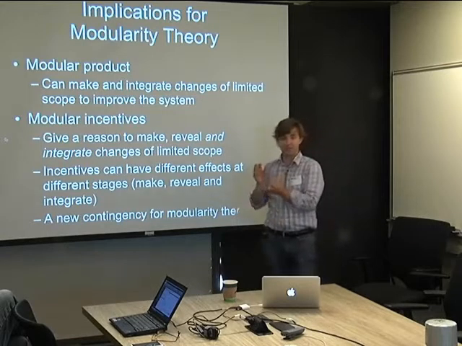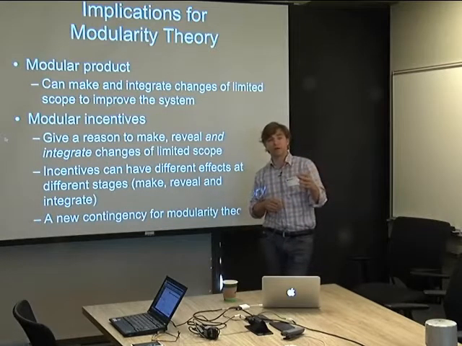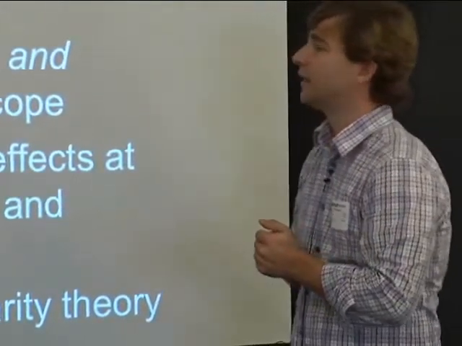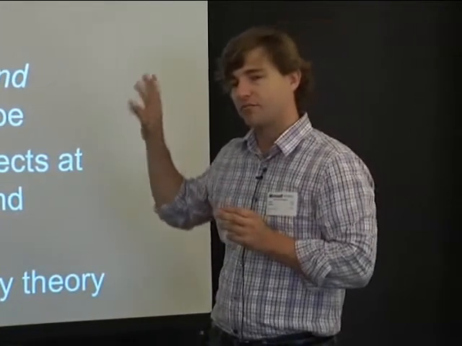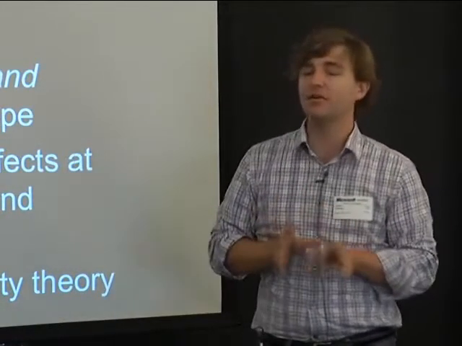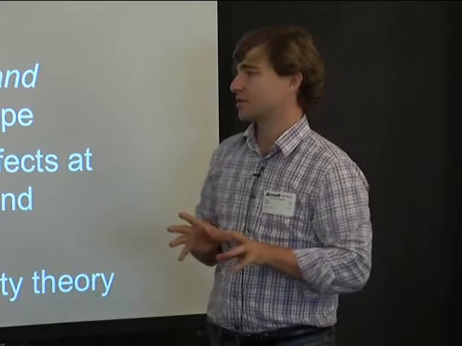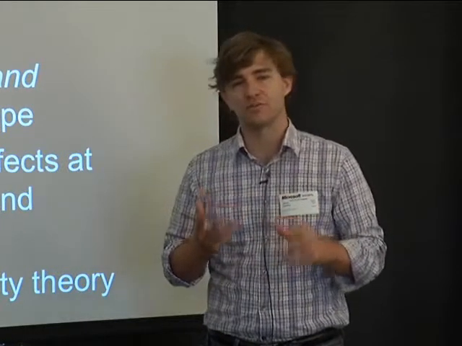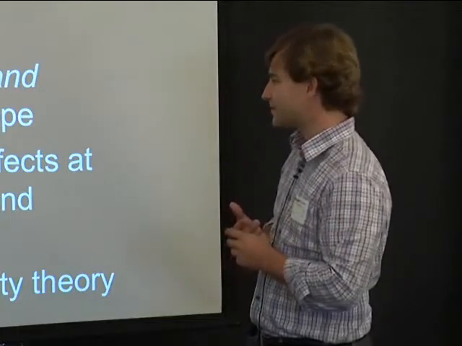This is the idea that you can build a better hard drive, you can build a better monitor, and bring it in, and then everyone benefits from those changes to the system. But unless you also have modular incentives that give you a reason to make, reveal, and integrate those changes of a limited scope, then you're not going to get the innovation benefits from modular systems that you expected.